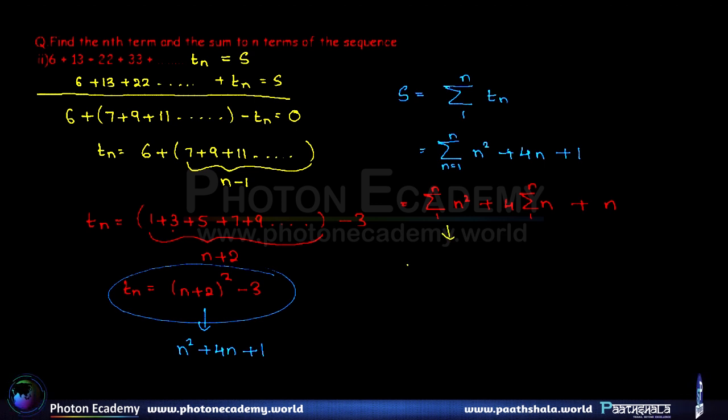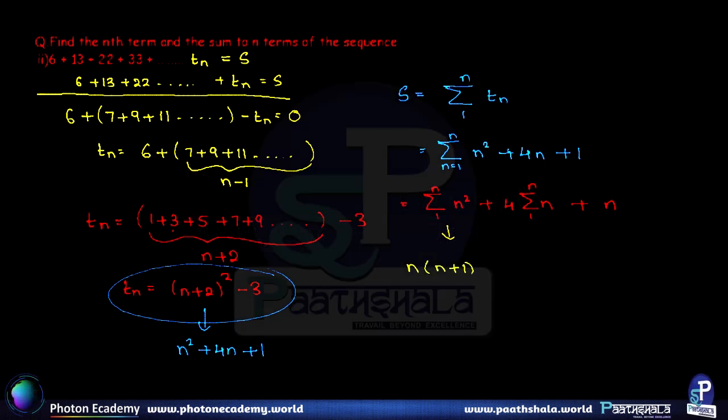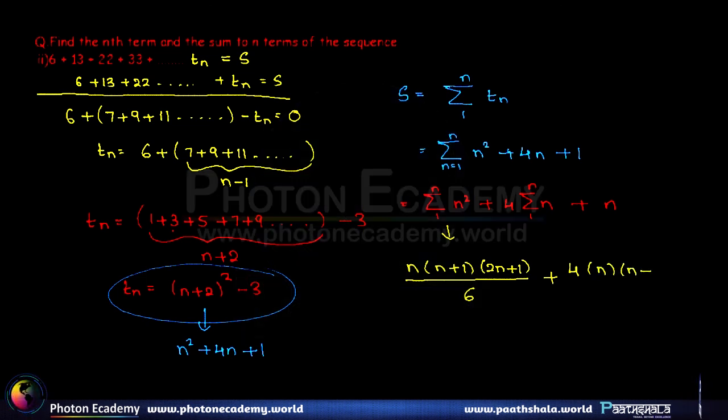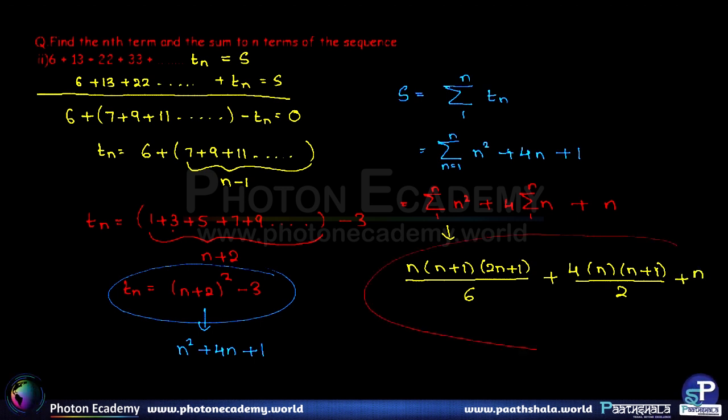It is n into n plus 1 into 2n plus 1 upon 6. Then the next we have summation of n. We know that it is n into n plus 1 upon 2, and then we are left with just plus n. So this will be our final answer for the sum.